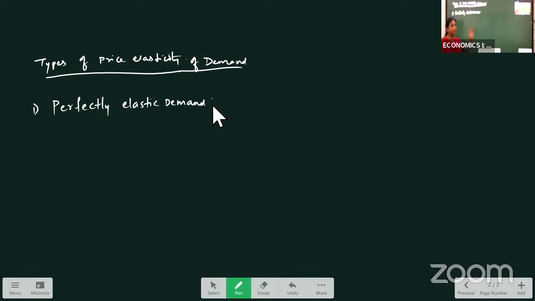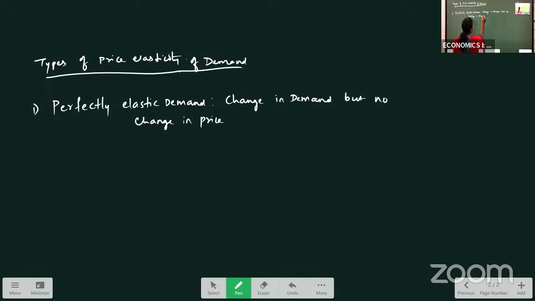Inelastic demand means change in demand will not be there. Elastic demand means changes in demand will be there, but perfectly means no change in price. So here we can say change in demand, but no change in price of the commodity. Demand is changing, but there are no changes in the price.